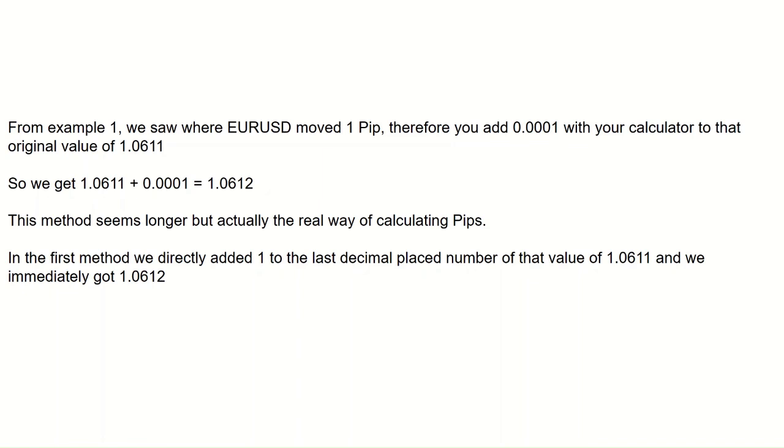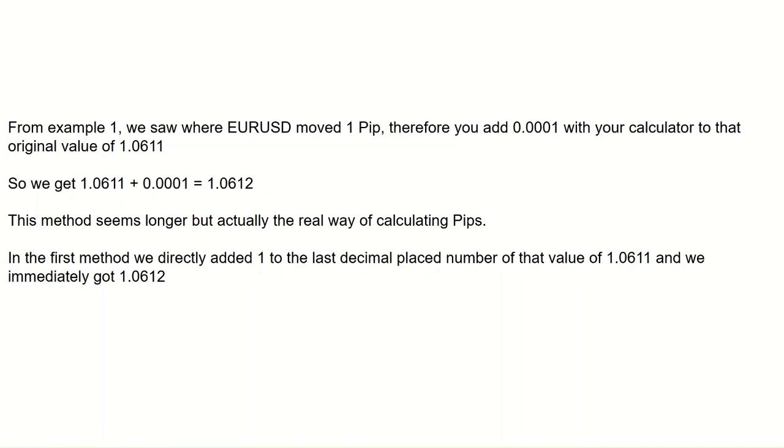In the first method, we directly added 1 to the last decimal place number of that value of 1.0611, and we immediately got 1.0612.